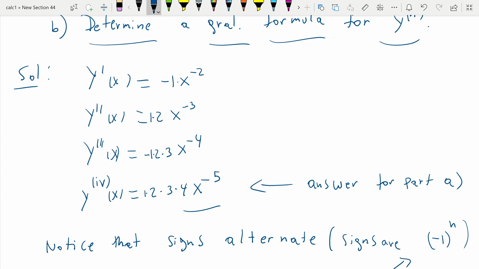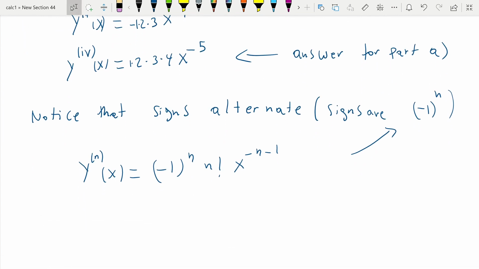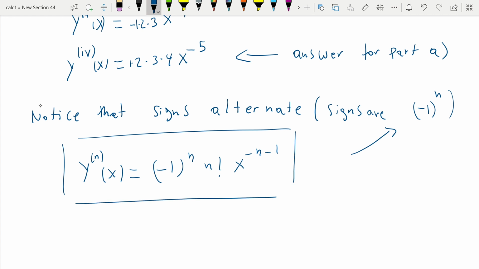Differentiated 2 times, we get -2 minus 1, so it's -3. Yeah, that's fine. Differentiated 3 times, we get -4. And if we keep going on, this is what we're going to get. So that's the general formula for the nth derivative.